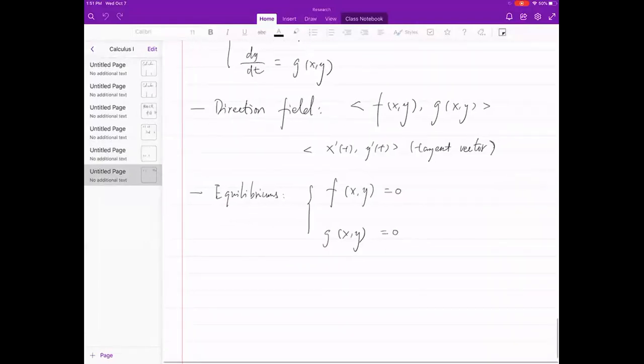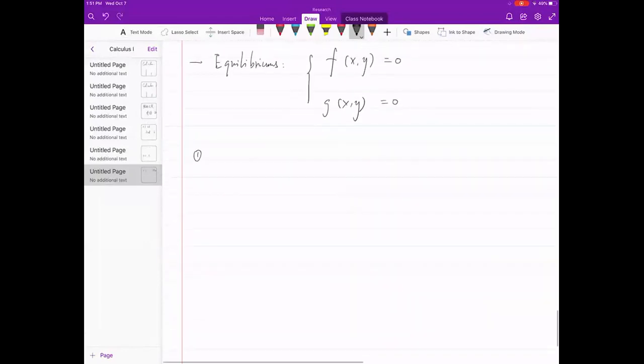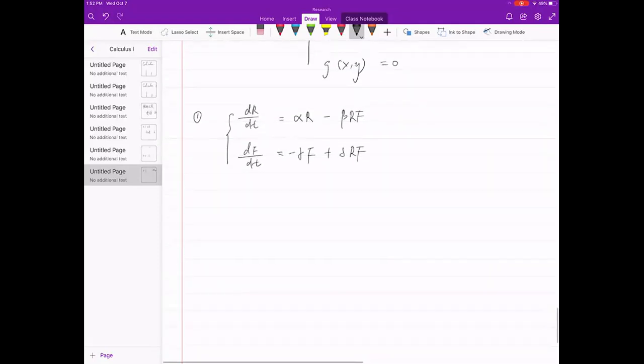All right, so let's see the example. First, the predator and the prey. Alpha R minus beta RF, minus gamma F plus delta RF. Okay. Now we know the vector field looks like this.